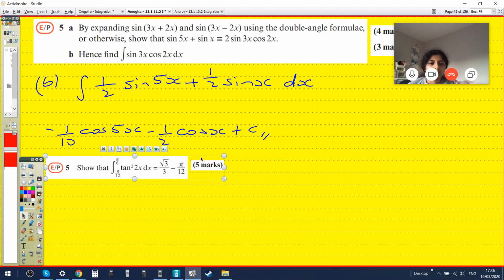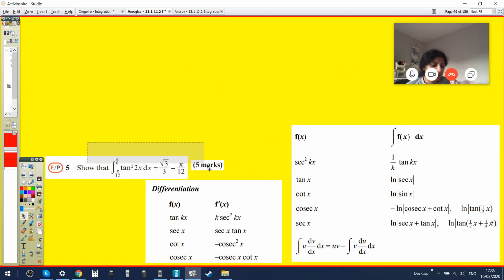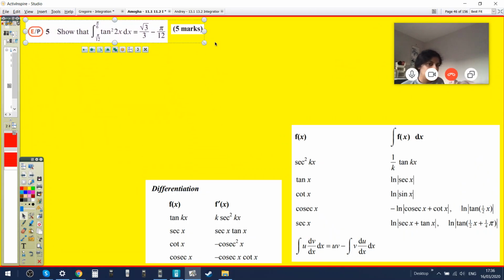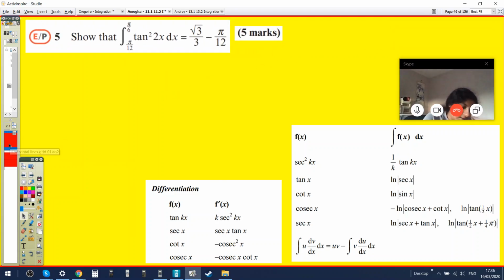And what was the question, sorry? Would tan squared 2x be equal to sec squared 2x minus 1, or is that wrong? That's correct. Oh, it's right, okay.